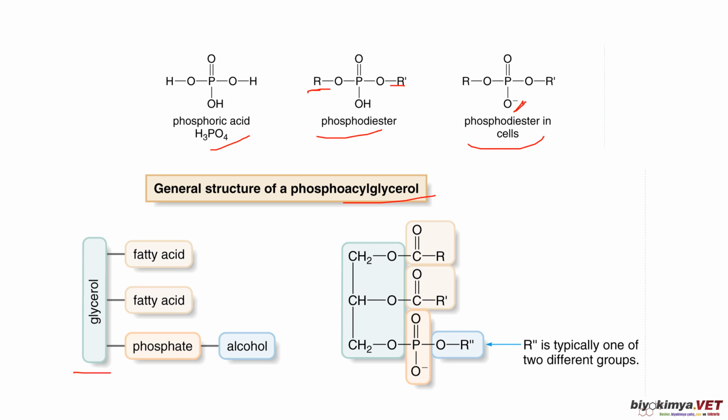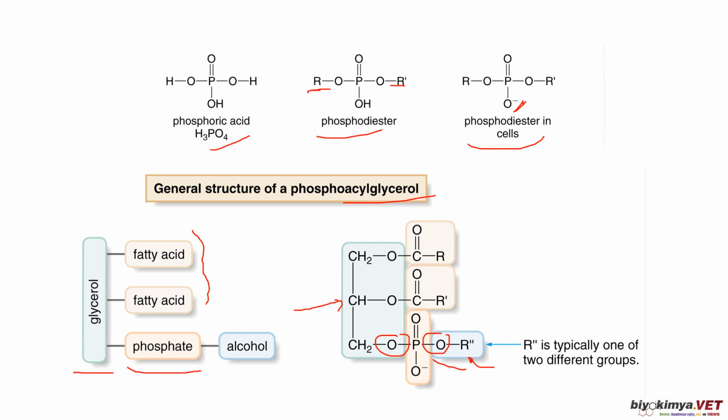And the pattern is the glycerol, 2 moles of fatty acid, and at the top carbon of glycerol, a phosphate group is attached. And this attachment makes the second carbon chiral. This is why we call glycerol a prochiral molecule. And the second R group here is attached to the phosphate group with an ester bond. This is why here we call it the phosphodiester bond.